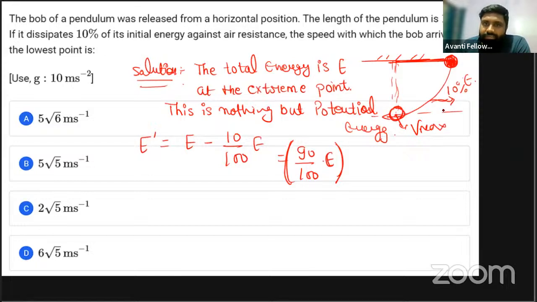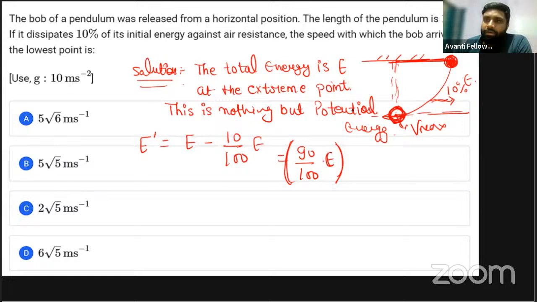Maximum velocity means, if I take the reference line here, the bob at the lowest position, its mean position, has zero potential energy. So if the potential energy is zero, all the energy that we have in terms of potential energy is converted into kinetic energy. And how much energy do we have? We have only 90 by 100 into potential energy, because 10% we have lost.